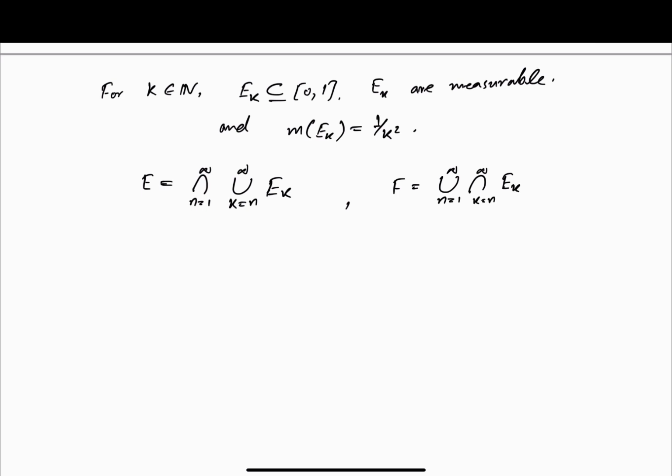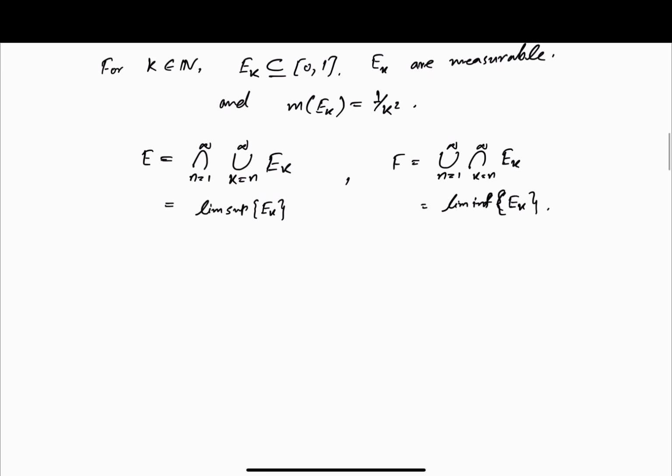So this is basically called the limsup of Ek, and this is called the liminf. We have to find the Lebesgue measure of E and F.